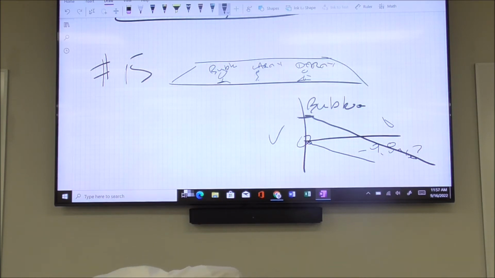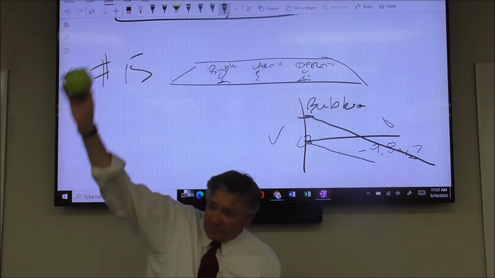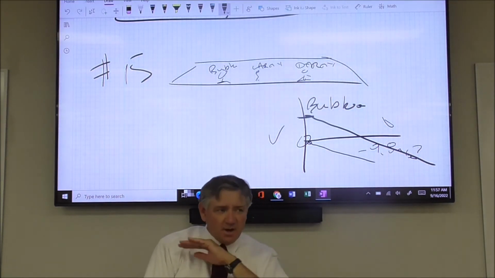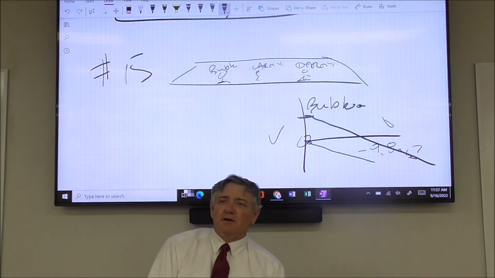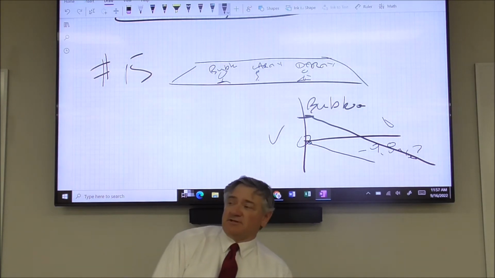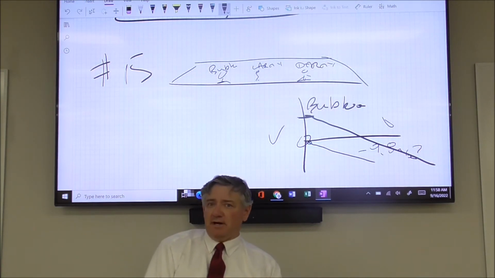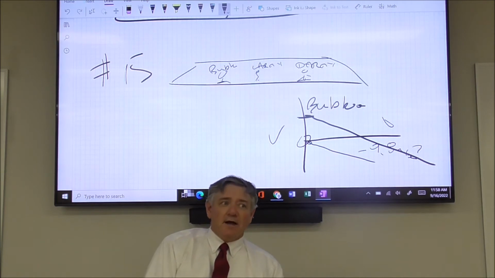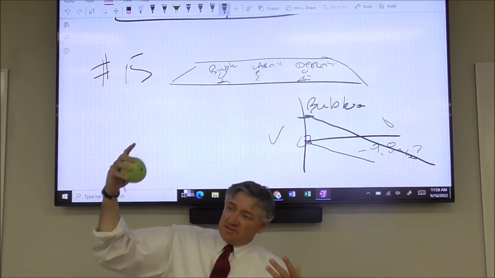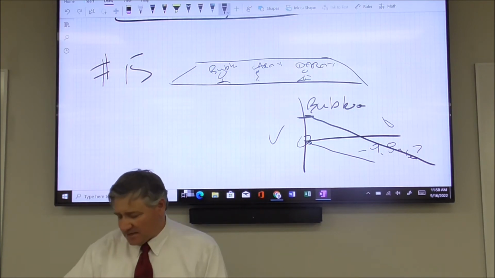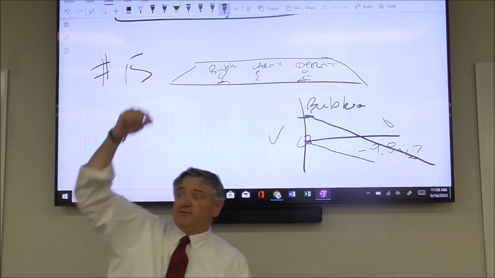Now, when Daryl throws it down, as soon as it leaves his hand, what's the only force acting on the ball? Gravity. What's that acceleration going to be? Negative 9.8 meters per second squared. The misconception is that when he throws it down, his acceleration is going to be faster than if you throw it up in the air.